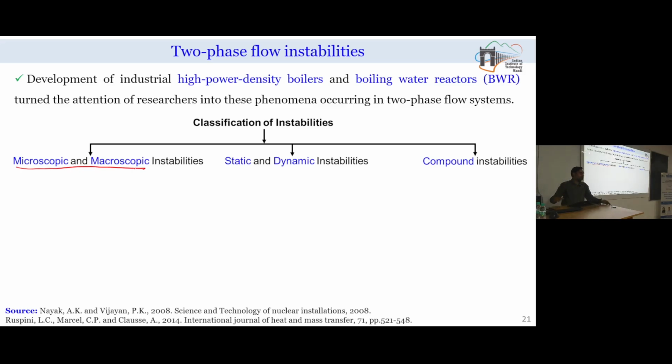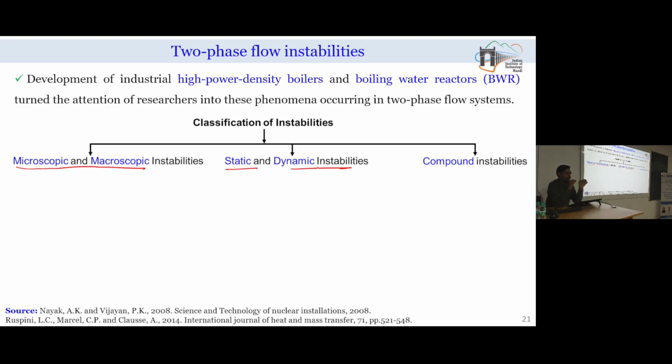And in terms of macroscopic instabilities, this system is entirely coupled to a large number of components. So whatever flow reversal you observe, or fluctuations in the flow rate, or changes in bulk parameters with time, come under macroscopic instabilities. We also have static and dynamic instabilities.